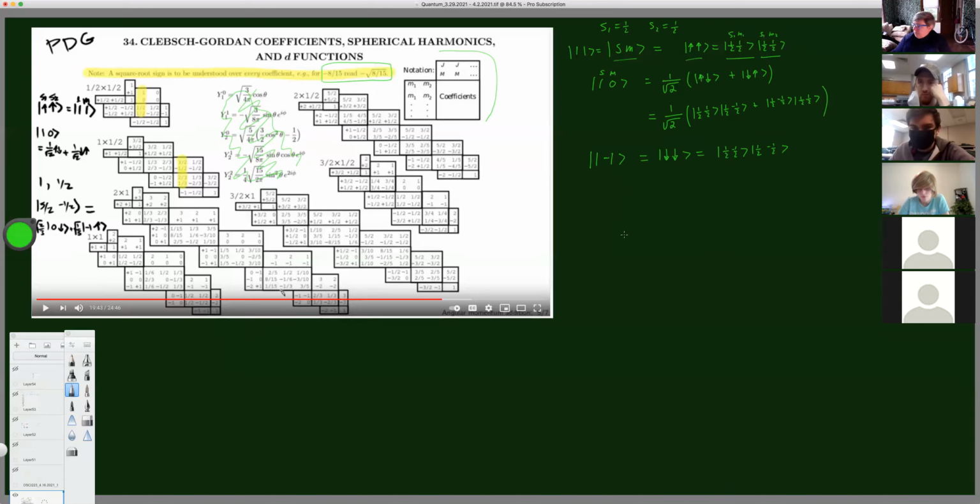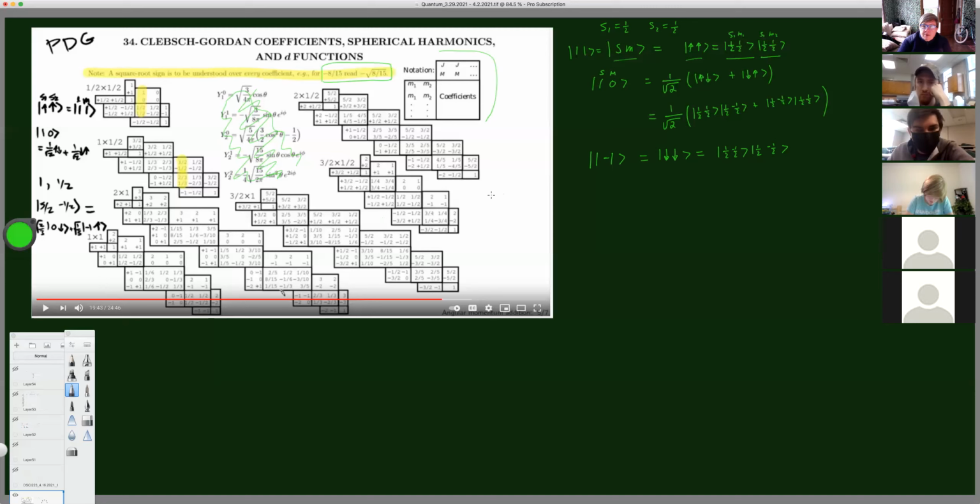Like, are S1 and S2 always exactly half of S? No, because S1 and S2 could be different. For instance, you could have a spin 1 particle added to a spin 1/2 particle, right? Then one of your states will be total spin equal 3/2.